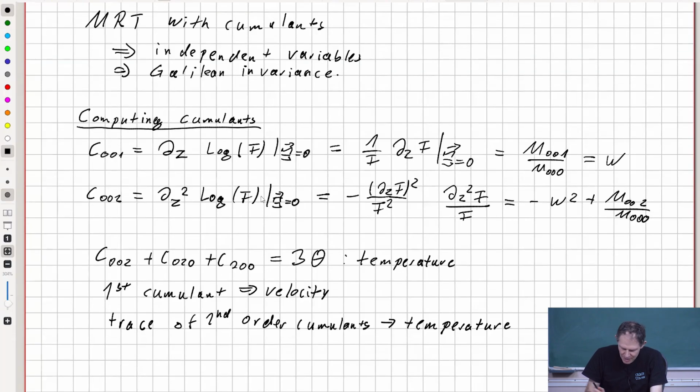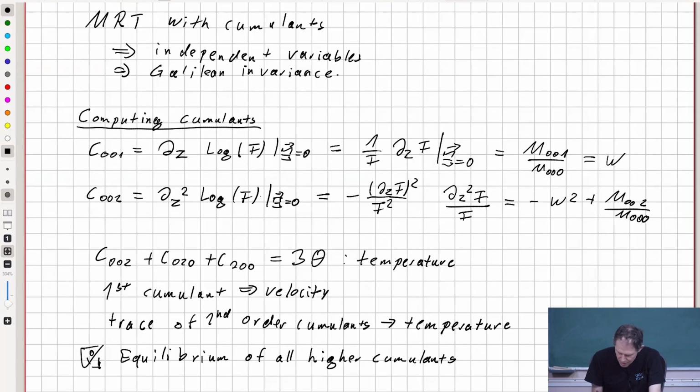So interesting is again that the equilibrium of all the naturally not conserved moments, cumulants, is 0. I mean, this makes absolutely sense because they should not depend on anything.